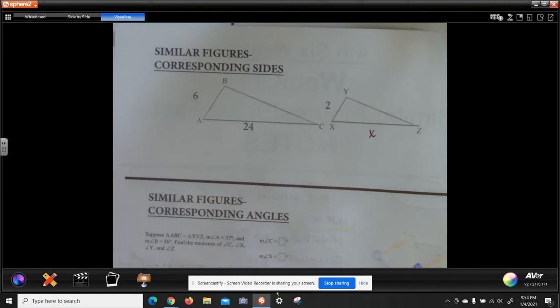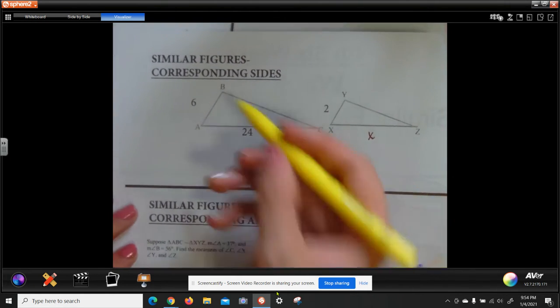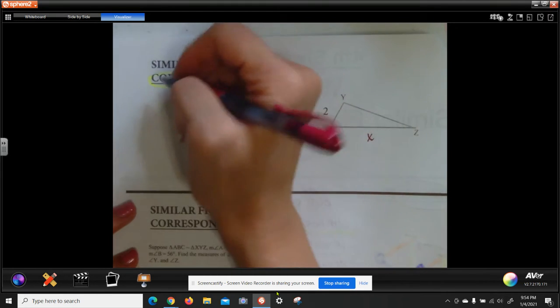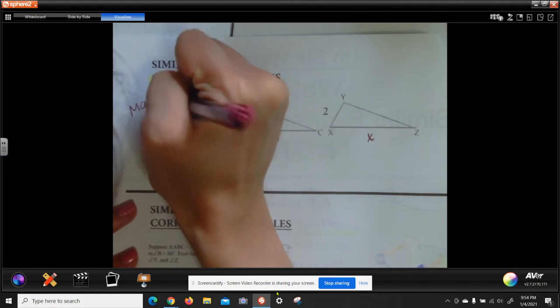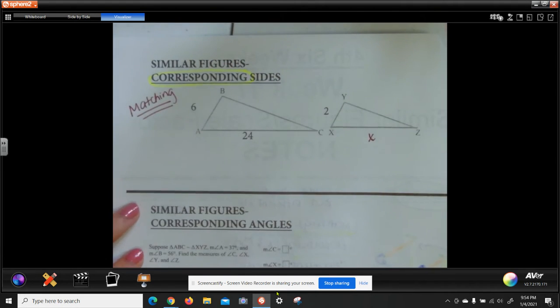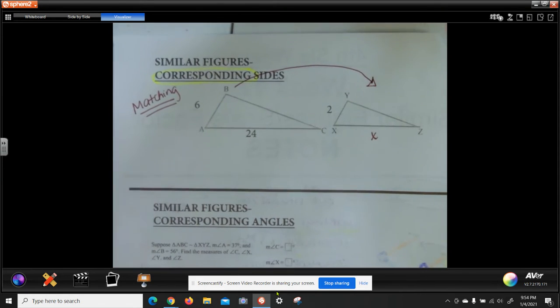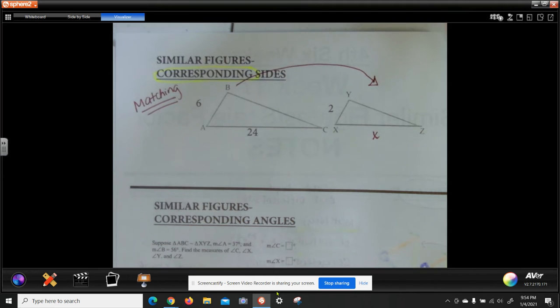So we need to get our corresponding sides, matching the pairs, and we're going to go from left to right.